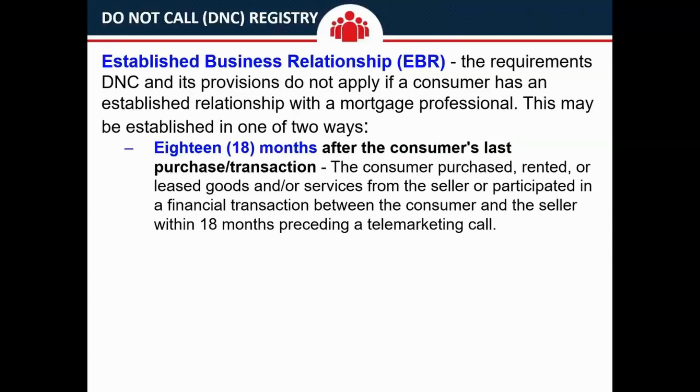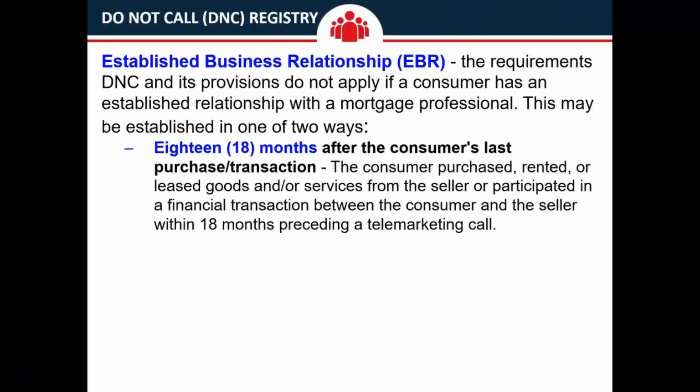So let me say that again. Even if a person is on the do not call list, but you actually close business with them, you have what's called an established business relationship, an EBR, and you can call them for 18 months.